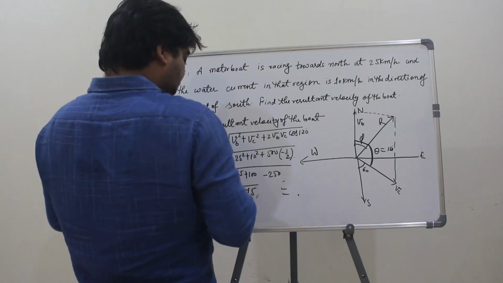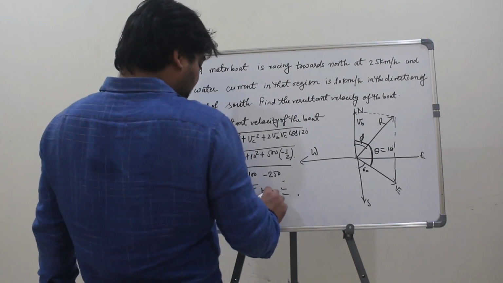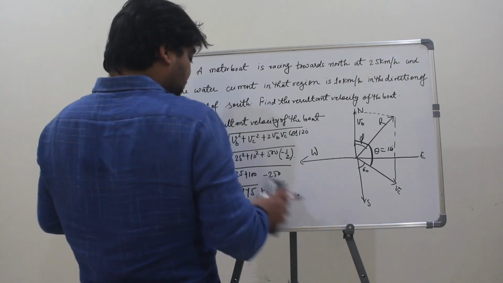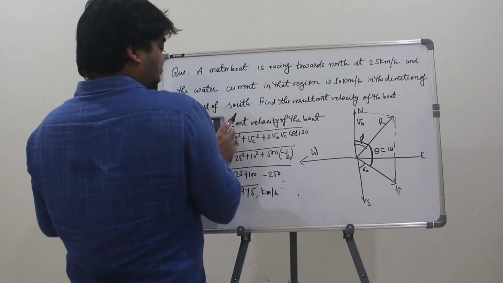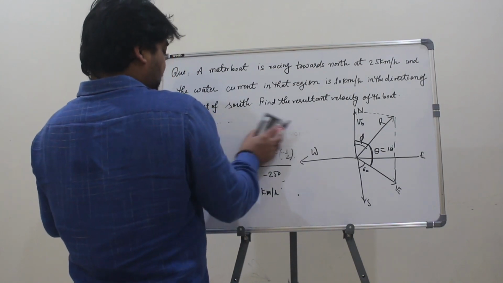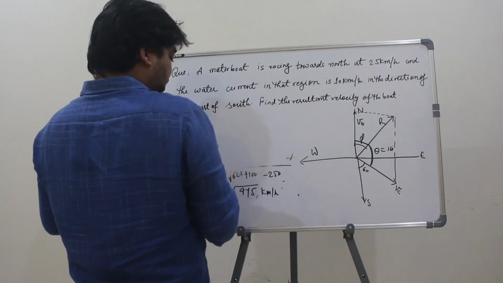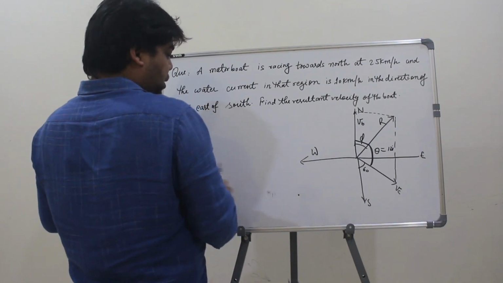Now let us go and try to calculate the direction. So what is direction? The direction can be calculated by calculating the relation between theta and phi.